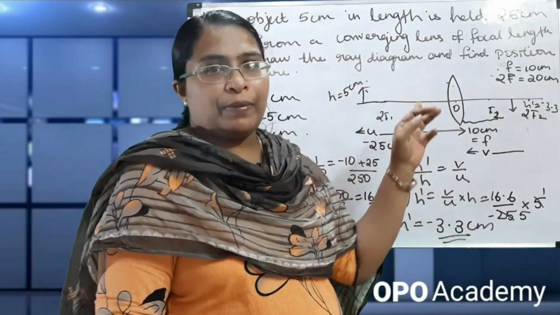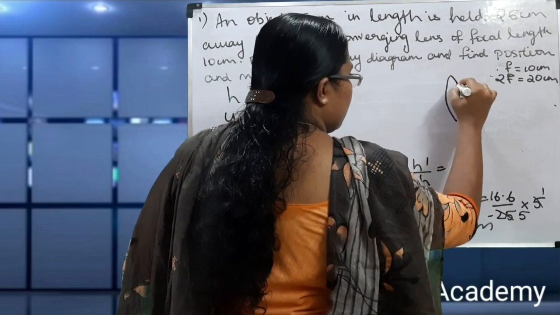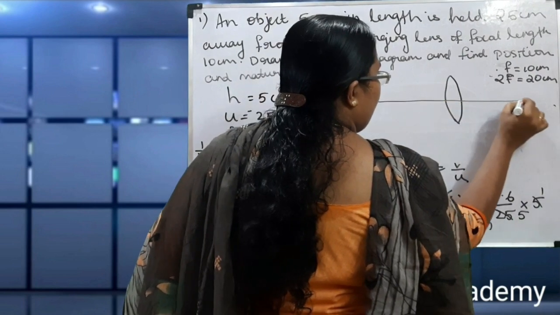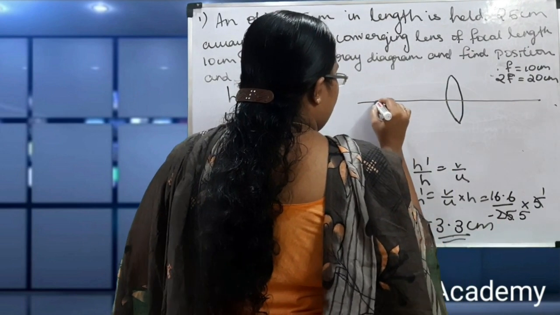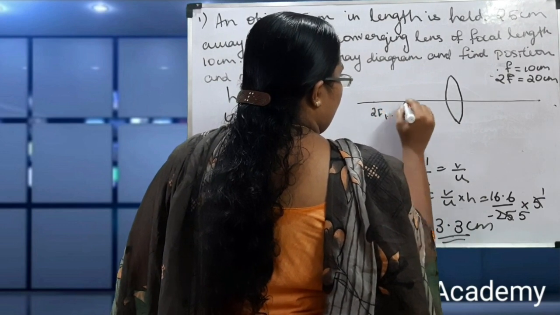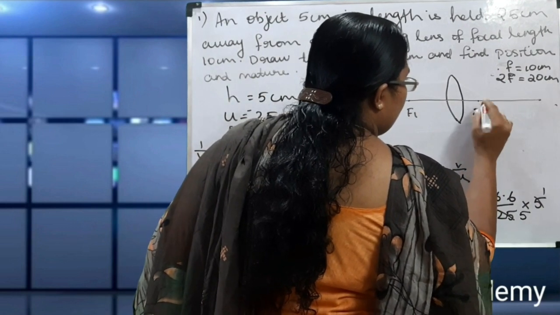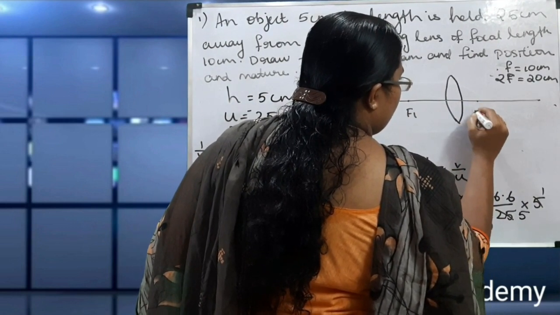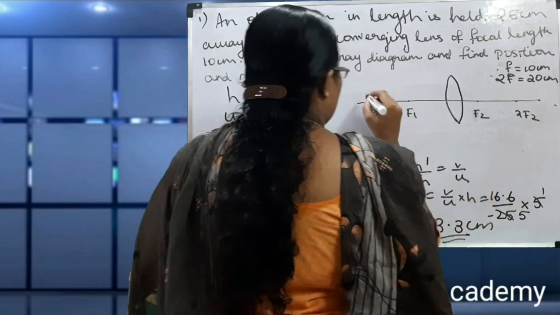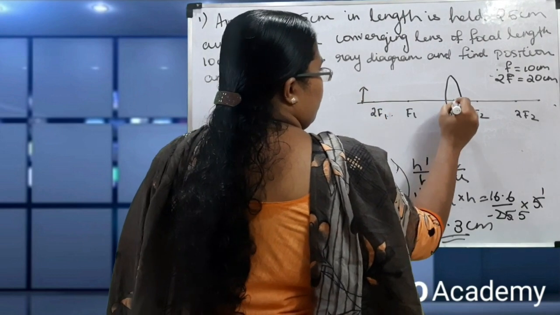So next we have to complete this diagram. This is the convex lens. This is F1, this is F2, and 2F2. This is the object here. This is the optic center.